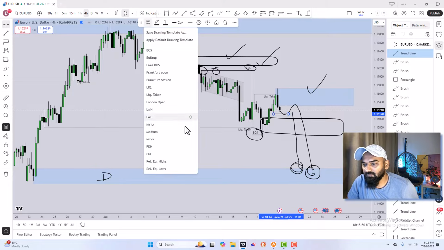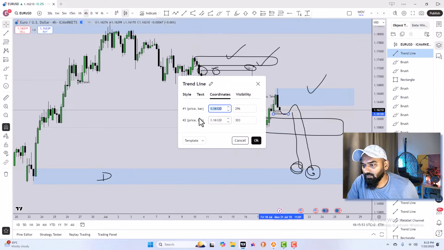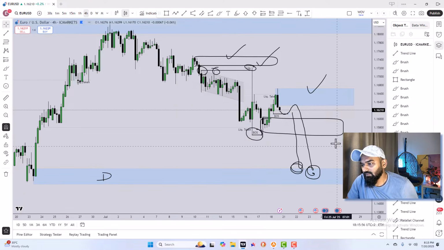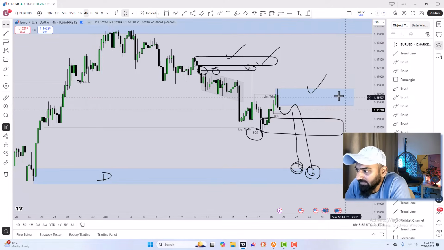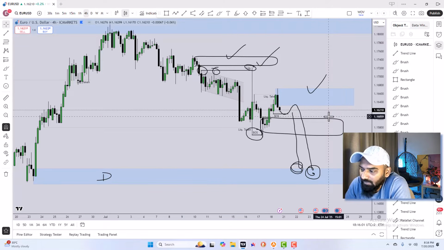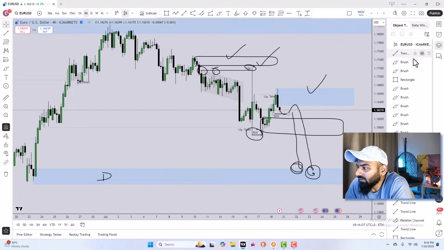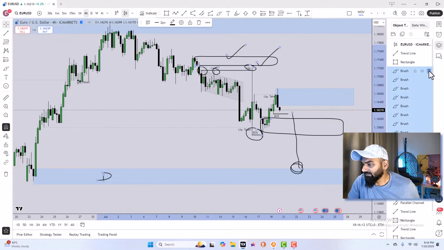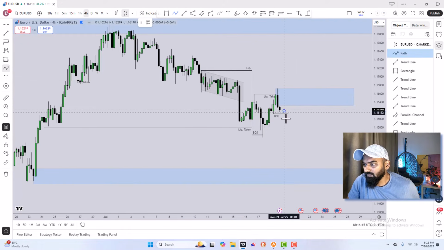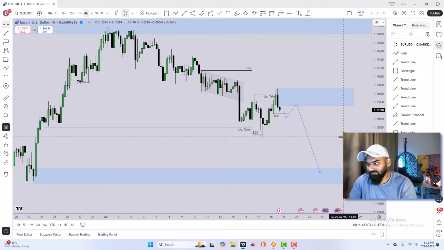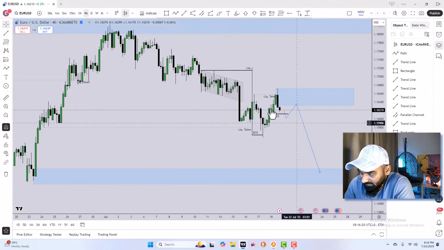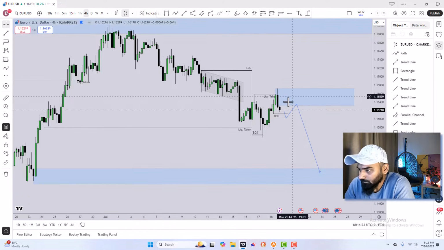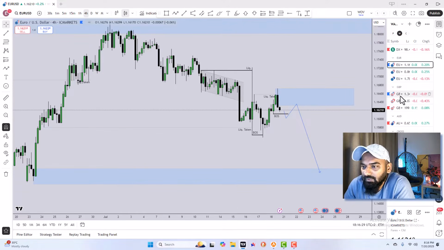We want a break of structure at this particular point and then to retest this supply zone to go down up to this demand zone. We will see what price will give us during the weekend, and as per the price action, we will form our intraday biases. But this overall picture is clear to me now. Dollar is going up and euro is coming down. Let's see about GBP.